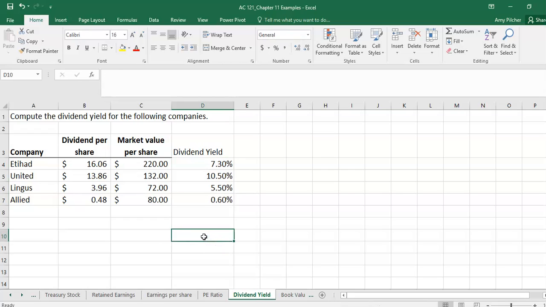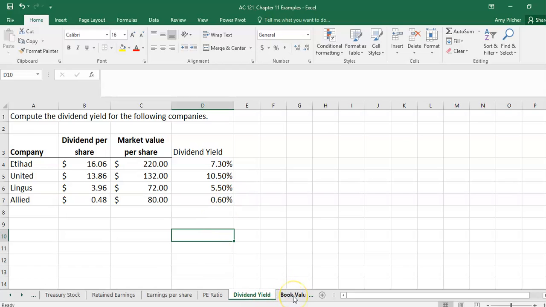So we see that the dividend yield for these stocks is highest for the United stock, even though the other stocks might have a higher dividend per share. Our dividend yield shows better growth with the United stock.